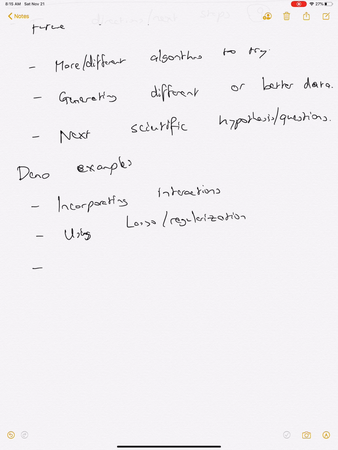Like you'd say, try other methods like random forests or deep neural networks.